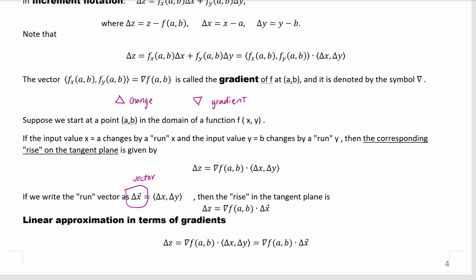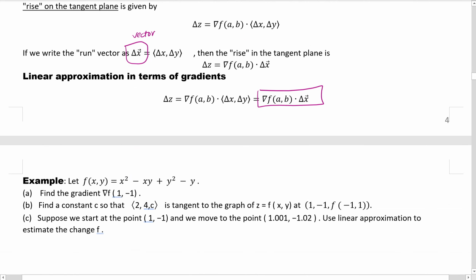If we use the vector to denote the run, then the rise in the tangent plane is change of z equals the gradient vector dot product with the run vector. So the linear approximation in terms of gradients is the dot product of the gradient vector and the run vector. Keep this in mind.